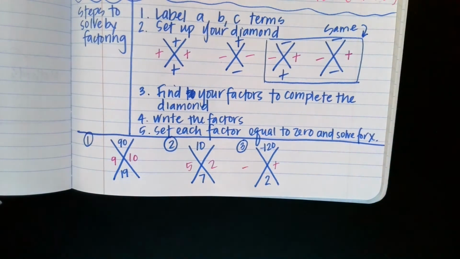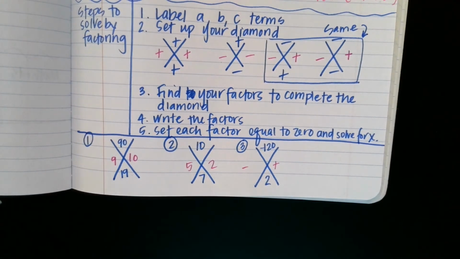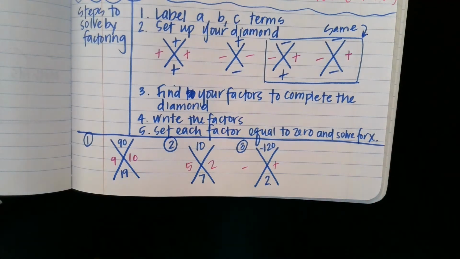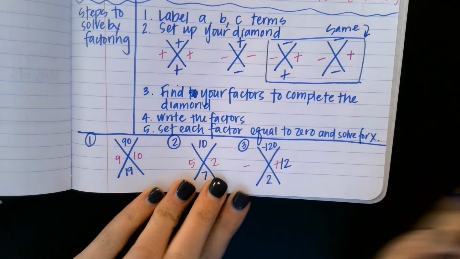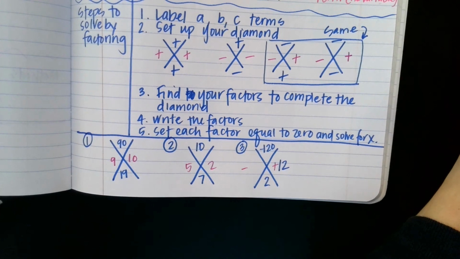So which two numbers, one of them being negative, have to multiply to be negative 120, but add to be 2? 12, and what else?